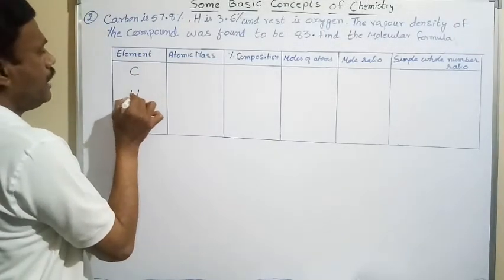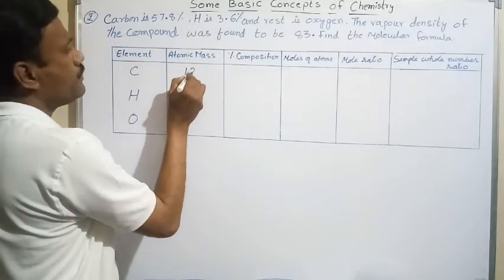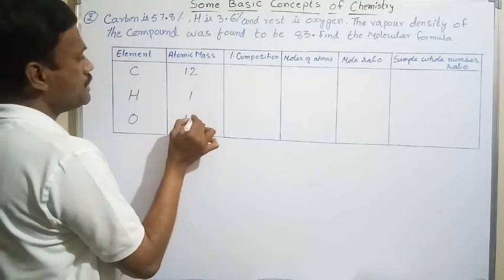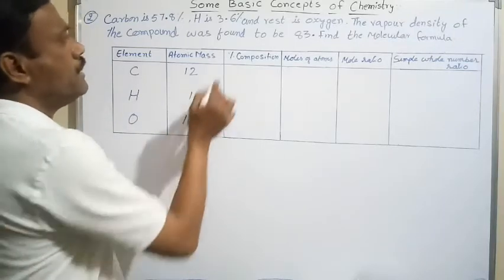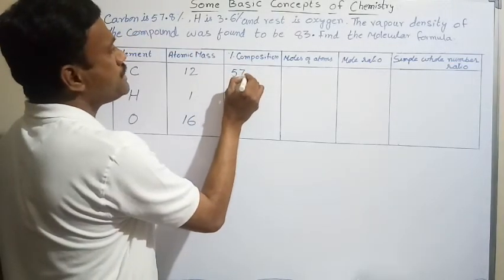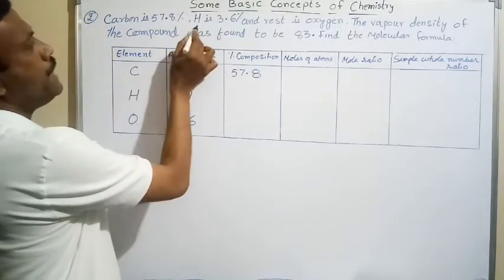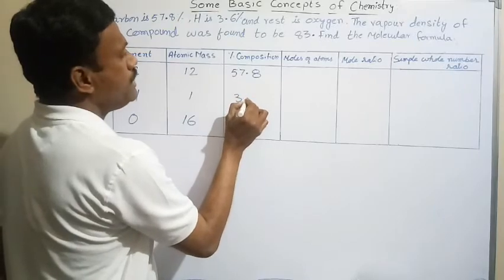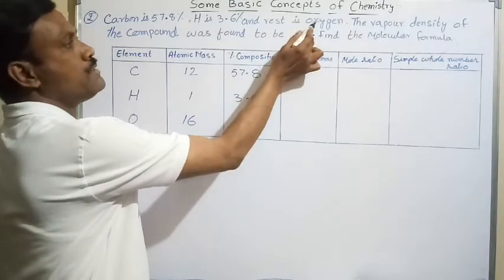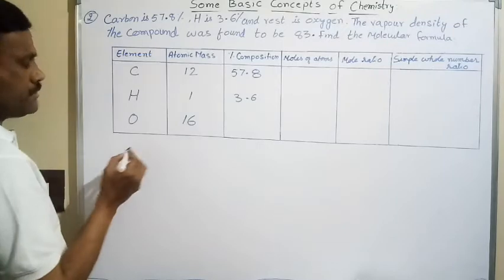Next problem: carbon, hydrogen and oxygen. Atomic mass of carbon is 12, hydrogen is 1, oxygen is 16. The percentage composition for carbon is 57.8 and hydrogen is 3.6. The percentage composition for oxygen is not given; we have to find it.